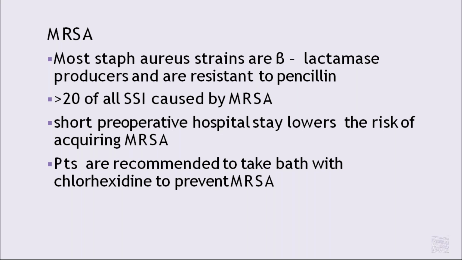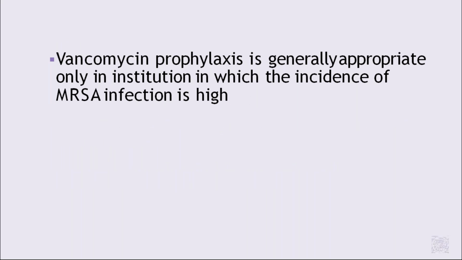Patients are also recommended to bathe with an antiseptic, that is chlorhexidine, to prevent MRSA. For prophylaxis, vancomycin is generally appropriate only in institutions in which there is a high incidence of MRSA infections.